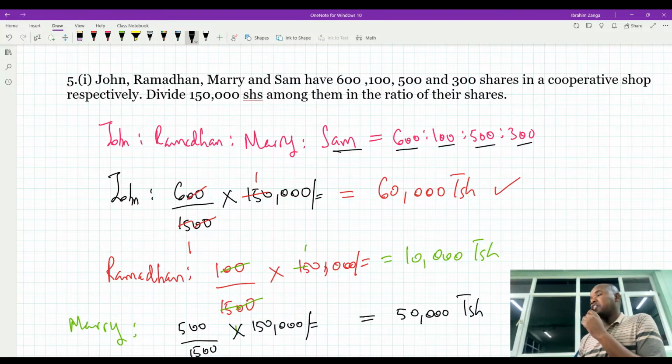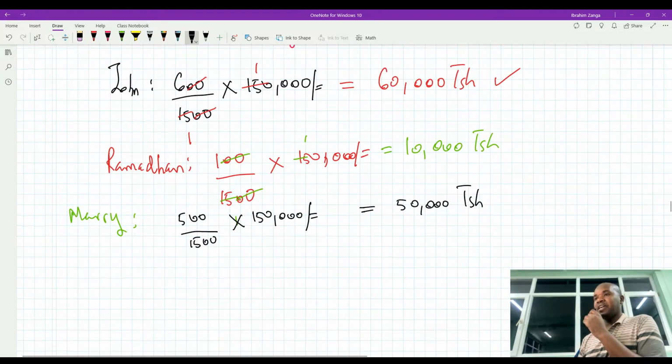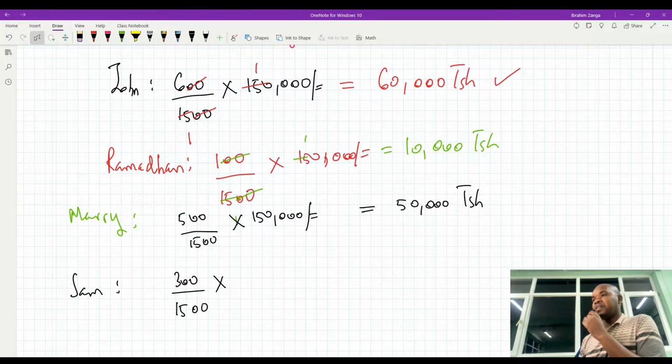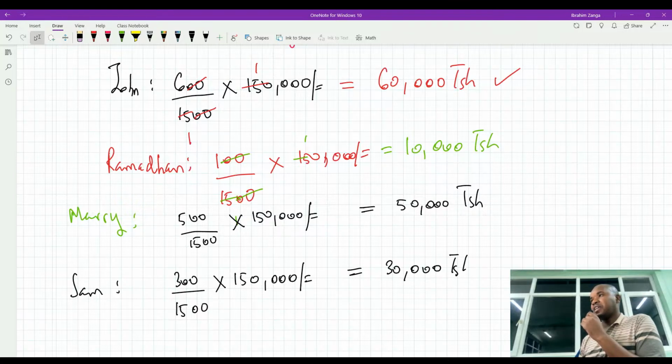And the last share now will be going to Sam, and his share was 300. So I'll be taking 300. Coming to Sam, you'll be taking 300 divided by 1,500 multiply by 150,000. And this amount, dear colleagues, will be equivalent to 30,000 Tanzanian shilling.